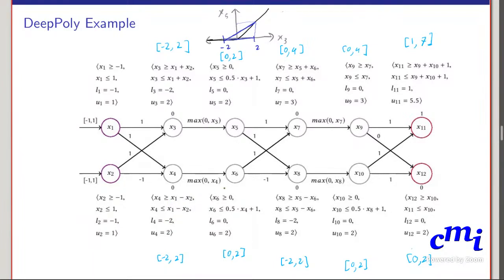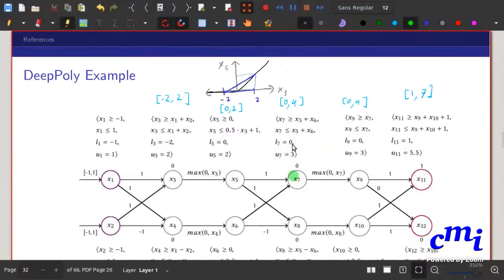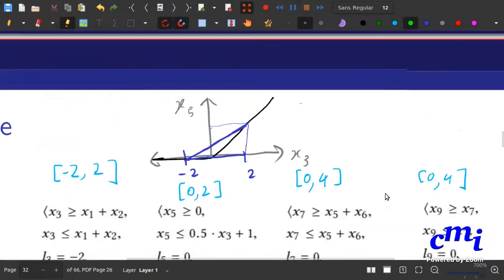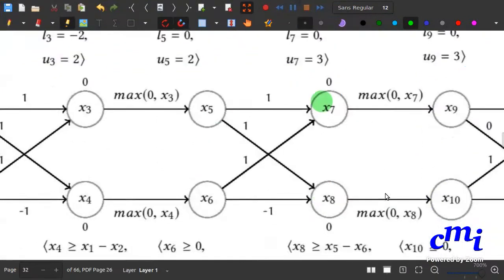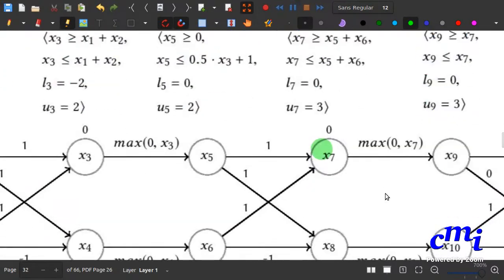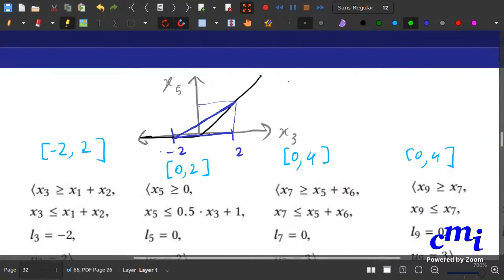So now you have ReLU. What is going to happen in this case? x3 is between minus 2 and 2. I'm going to zoom in a bit on this diagram. On this diagram, x3 is between minus 2 and 2, and we need to find some bounds on x5. x5 is ReLU of x3.